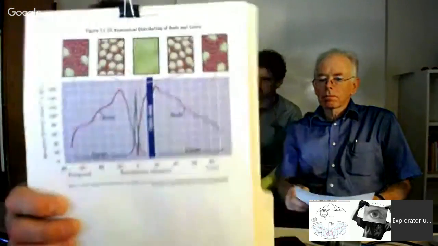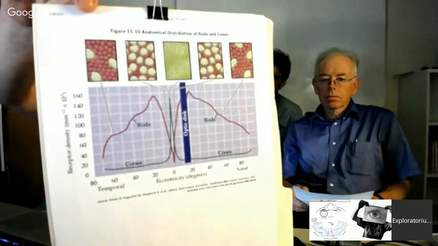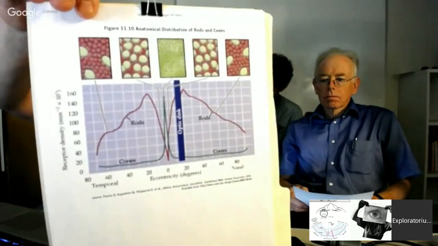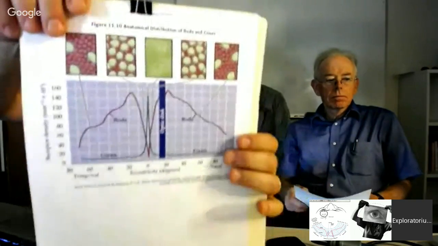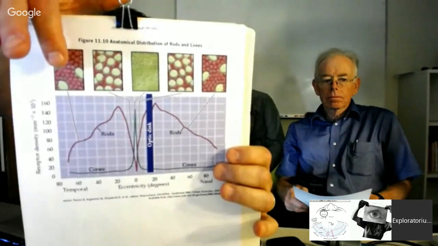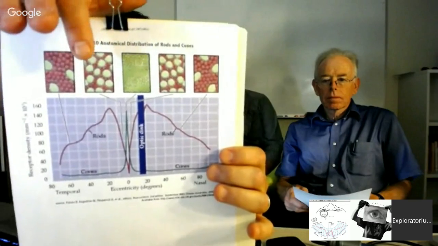If you saw the video on peripheral vision, you might have seen this document. It's for you to download also. It is a cross-section of the back of your eye, and it has pictures of rods and cones. The cones would be the green blotches, and the rods would be the red blotches.